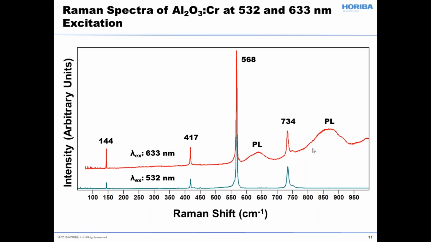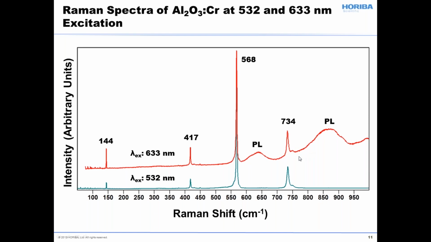However, these two peaks labeled PL for photoluminescence only appear in the 633 nanometer excited spectra, but they're absent on the Raman shift scale in the 532.